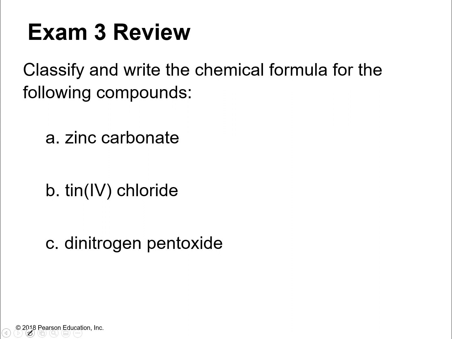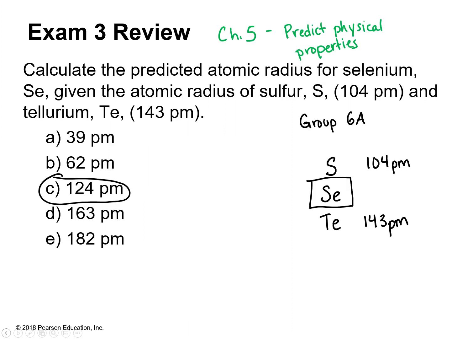Well, I can show you how to do the math for this one. So here we've got something that's in the middle, right? So the difference between tellurium and selenium, you take 143 minus 104, and that gives you 39 picometers.